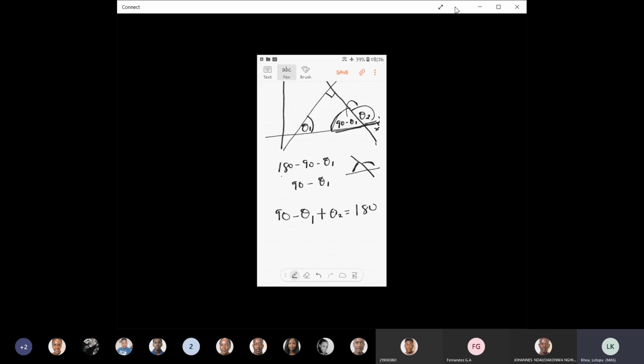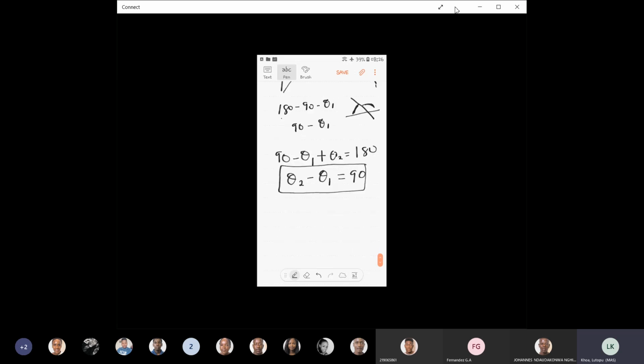Then this leaves me with theta 2 minus theta 1. When I take the 90 to the other side, this is equal to 90 degrees. So theta 2 minus theta 1 is equal to 90 degrees. So this result, we are going to use it.